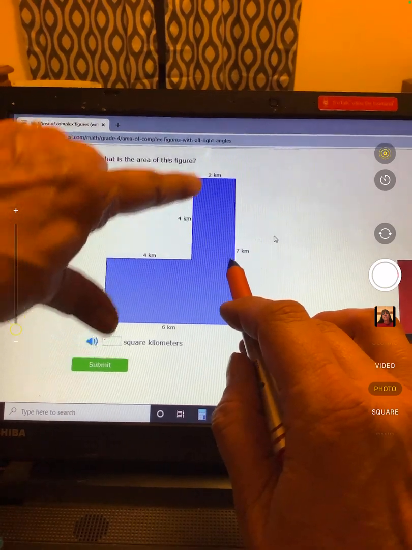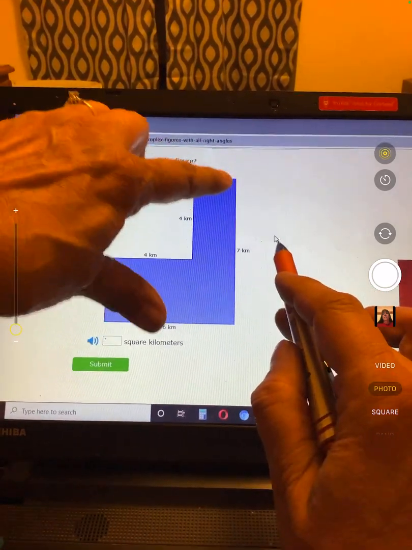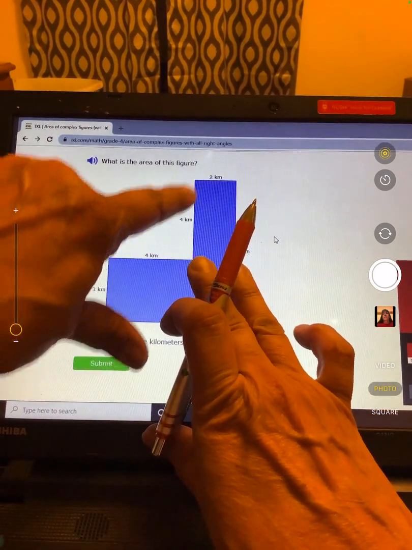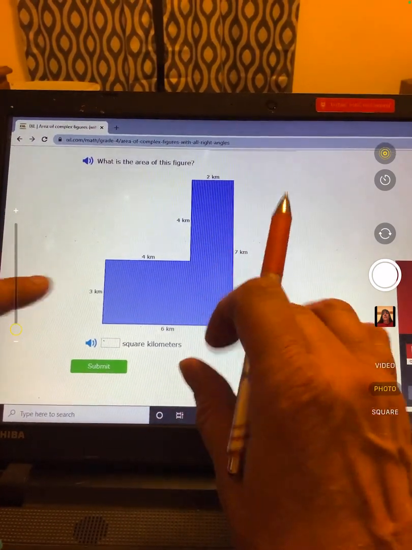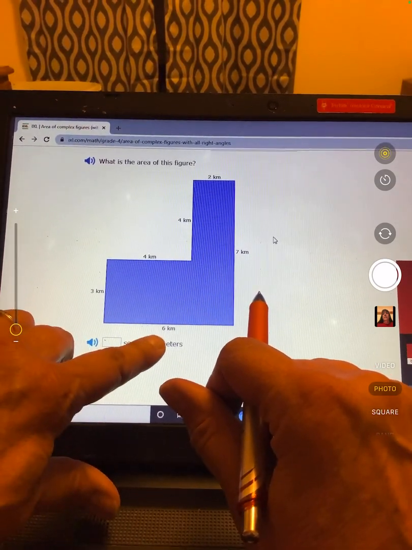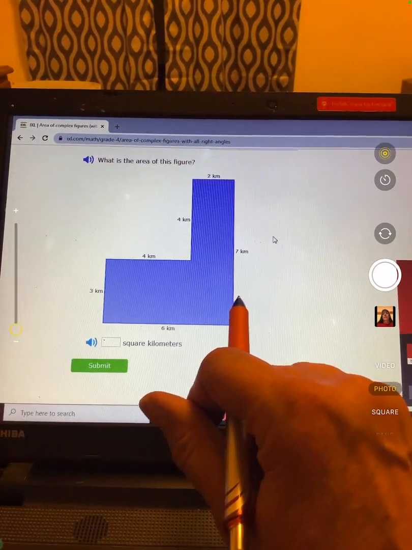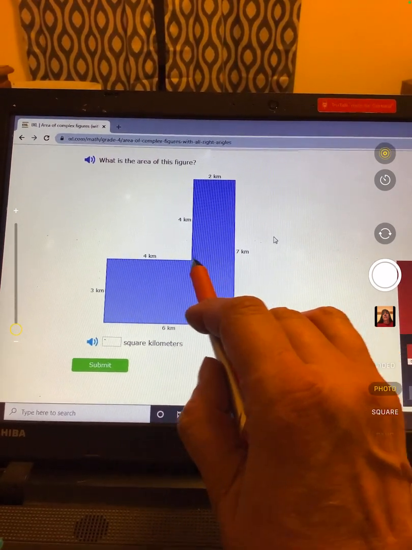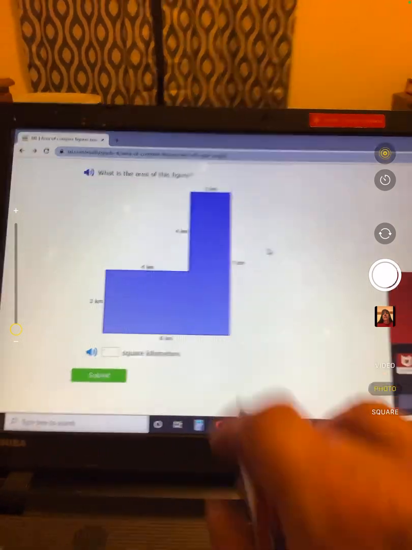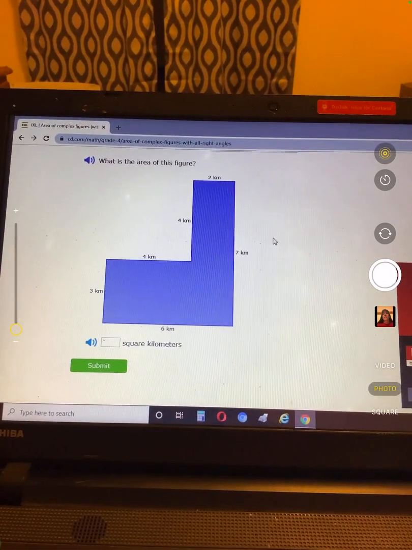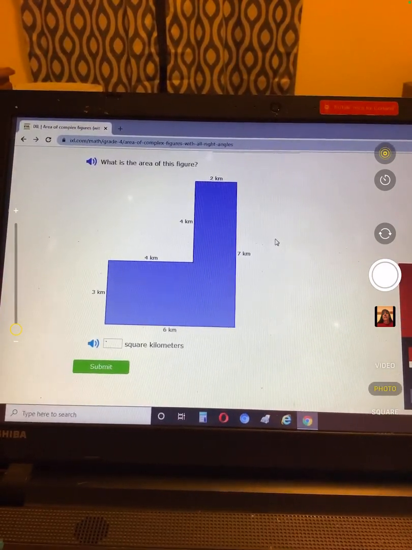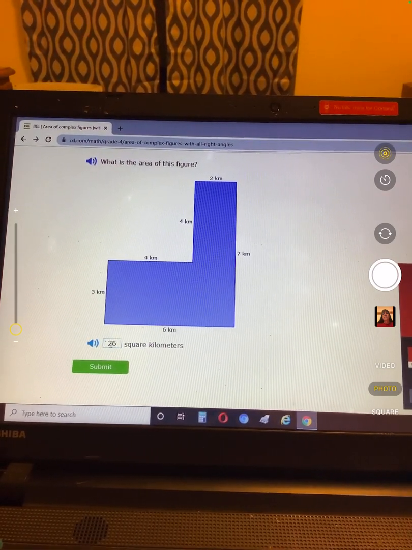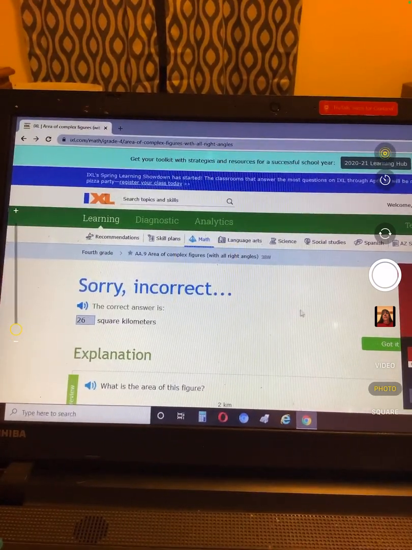So ignore this, because that's that whole side. You only need to go here, and that number's right there. 4 times 2 is 8. And then 3 times 6 is 18. So 8 plus 18. You might want to draw this out on your paper. This would be 26. Oops, I got it wrong.